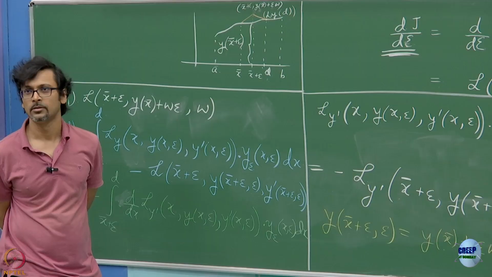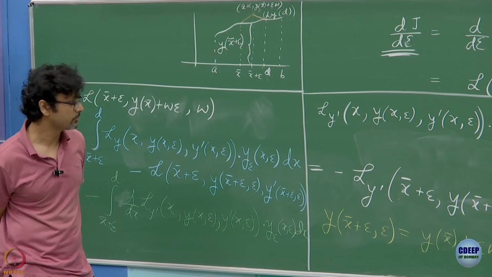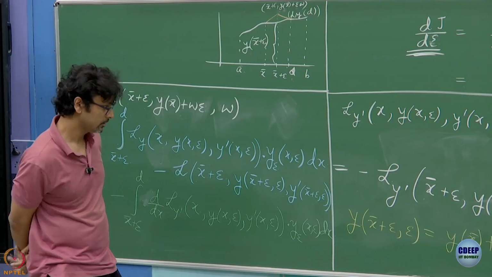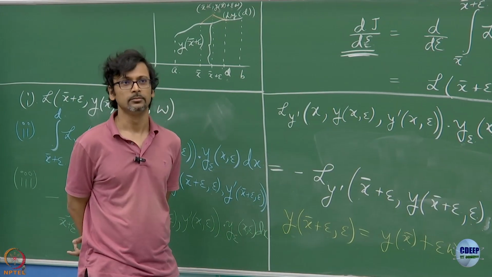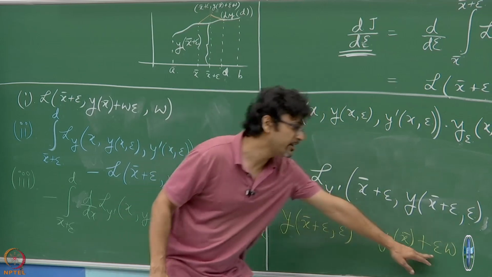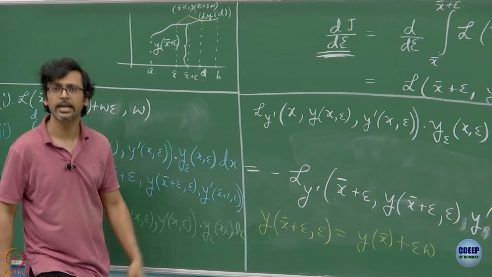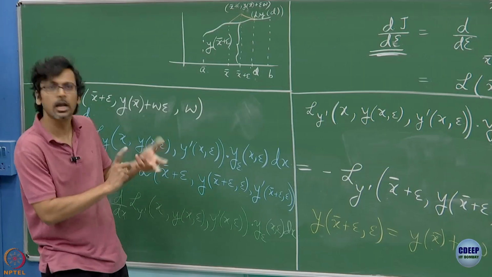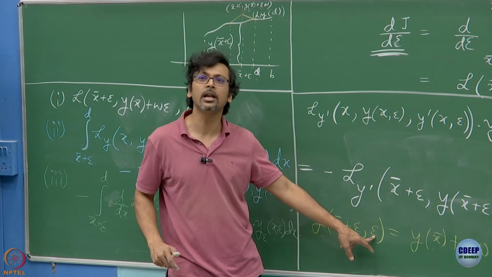Okay, we are very close, except that there is one subtle observation you need to make. If you take the derivative of this with respect to epsilon, the right hand side is very obvious, it's just w. What about the left hand side? They're all tangled up. It's not as if epsilon is appearing only as a second argument here.